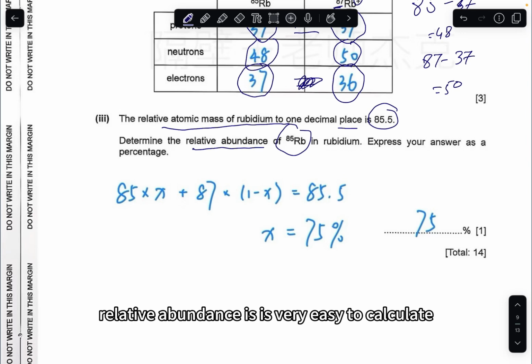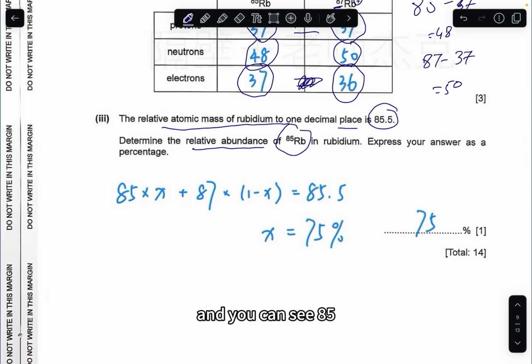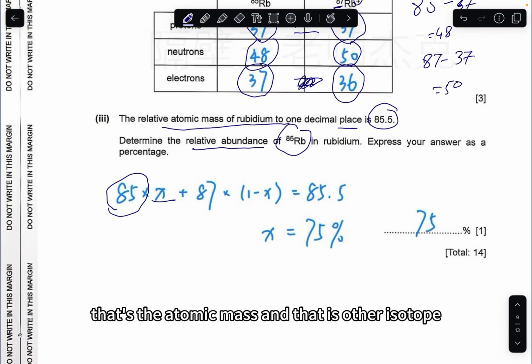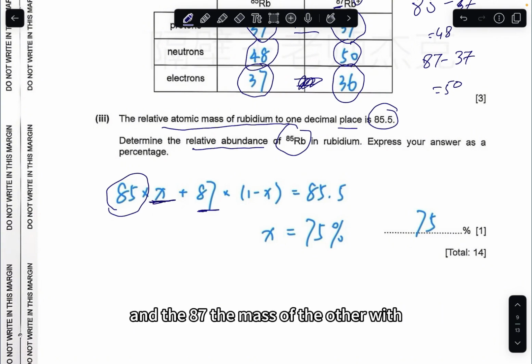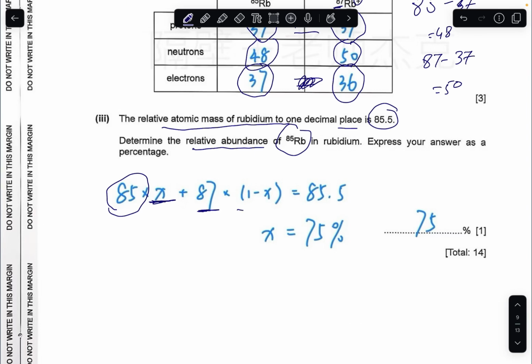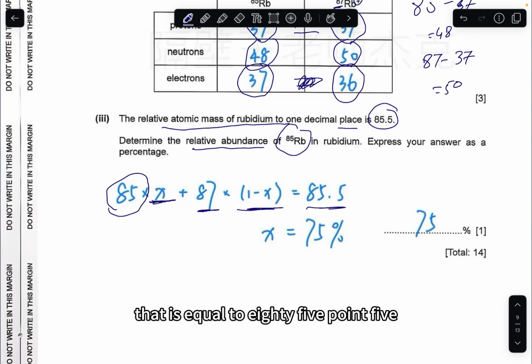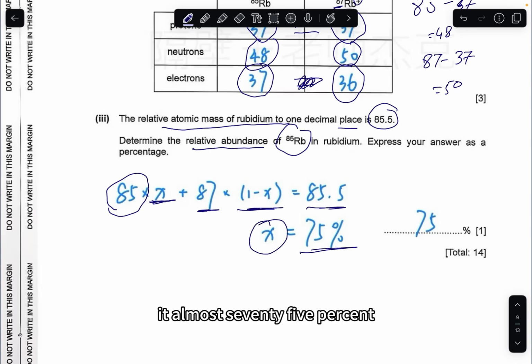Relative abundance is very easy to calculate. You can see 85 is the mass of one isotope, and 87 is the mass of the other, with that equal to 85.5, and by doing the calculation it is almost 75%.